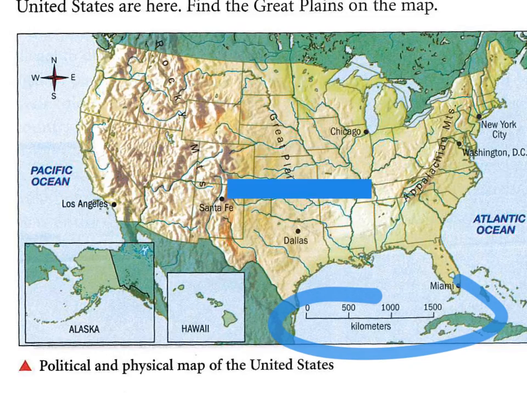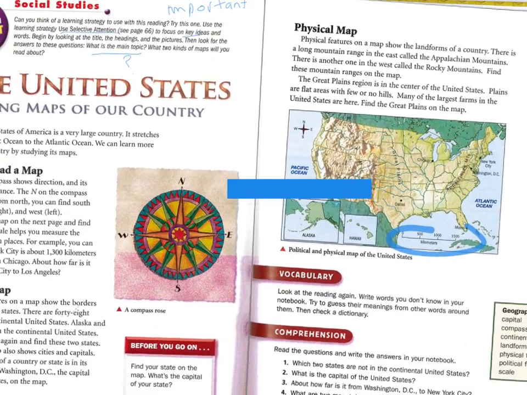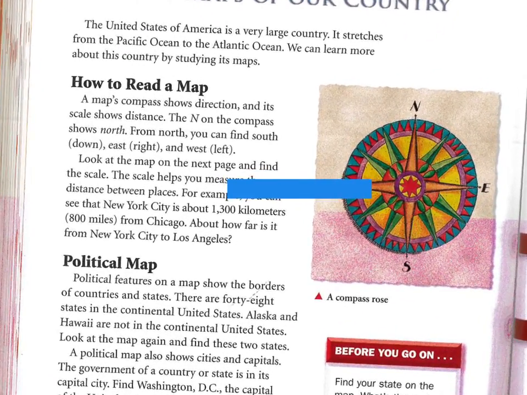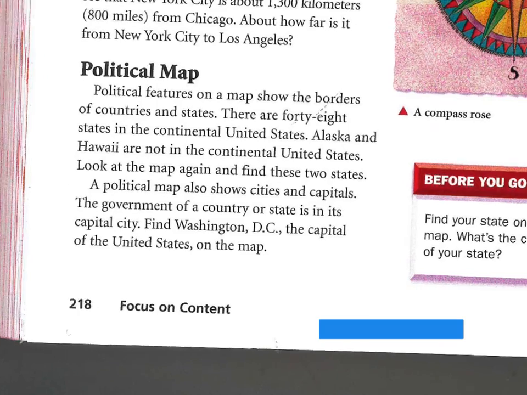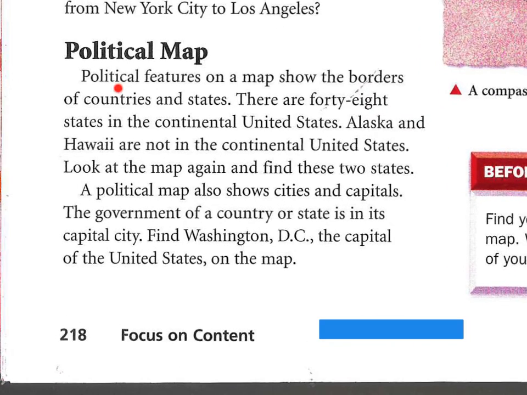About 3 of these, maybe 4,500 kilometers. Political map. Political features on a map show the borders of countries and states.